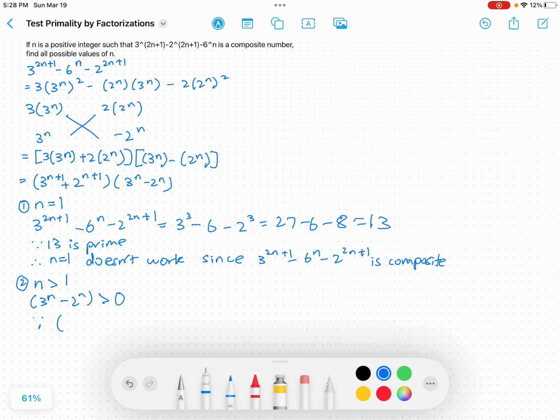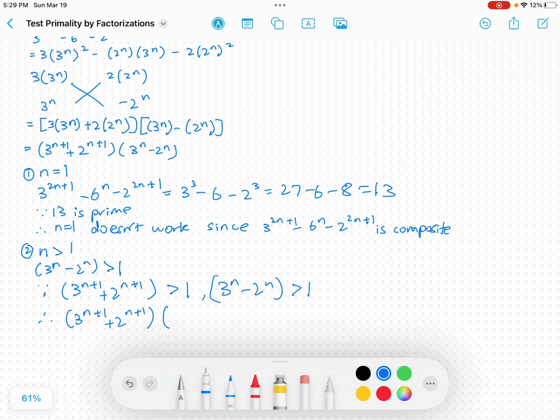So we can get that the product is composite because it can be written as the product of two expressions which are both greater than 1. So 3 to the power 2n plus 1 minus 2 to the power 2n plus 1 minus 6 to the power n is composite.